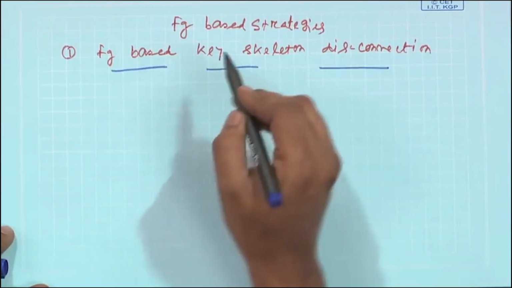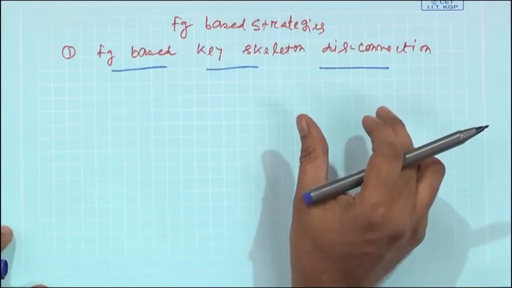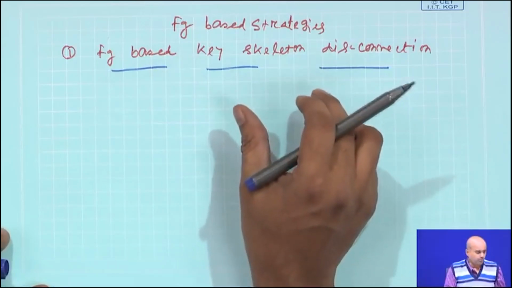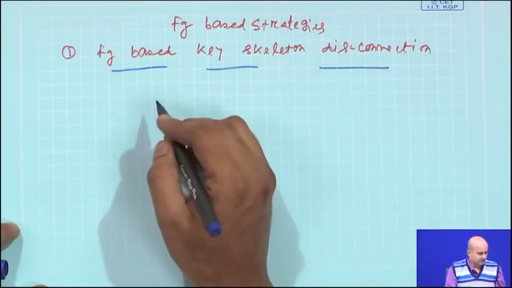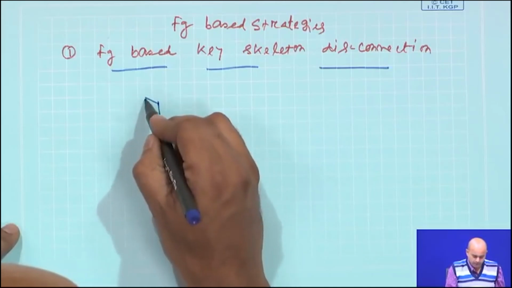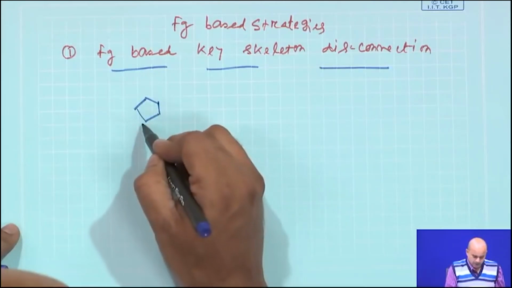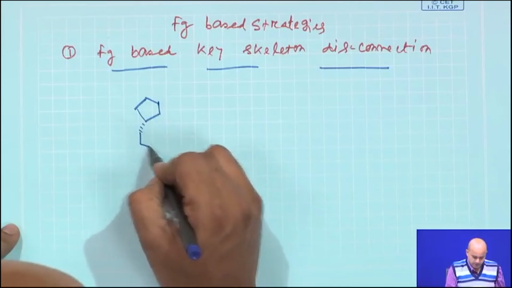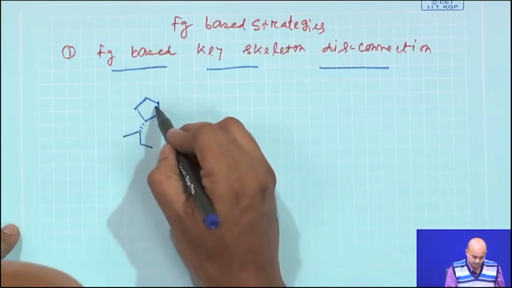We will mainly try to disconnect the skeleton of a given molecule based on the functional group present in the target structure. Now, in the problem I am going to discuss, the target molecule has a structure something like this.